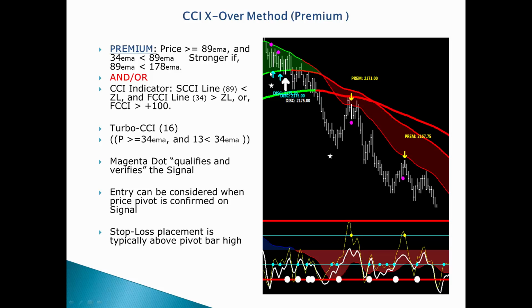The 89 EMA here right now is flat. There's no angle or slope to it. That is not going to hold price, but a sloping moving average acts as a dynamic resistance or support barrier. So in this particular case, we have new developing weakness.